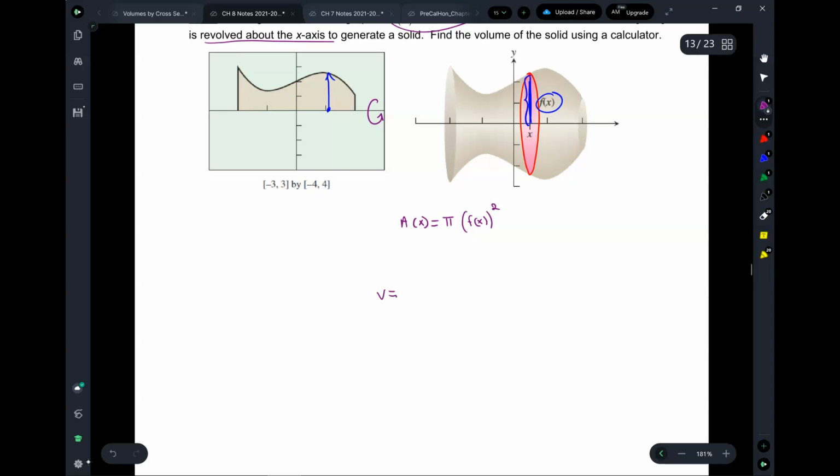That means the volume is going to be from -2 to 2 pi, and we like to put the pi outside so it doesn't interfere, of 2 plus x cosine x squared dx.